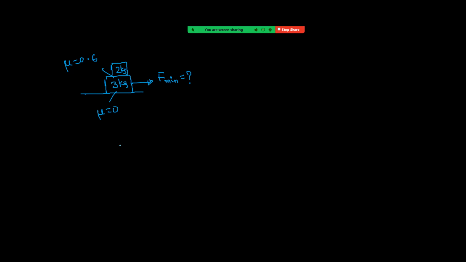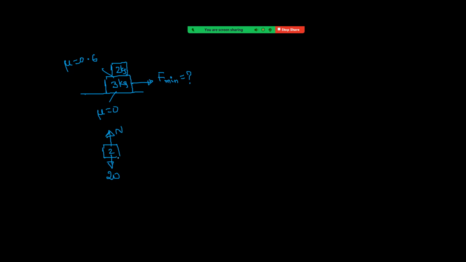First we have to focus that the 2 kg block is moving only because of friction. I am taking the FBD for the 2 kg block. mg downwards, taking g value 10, mg is 20. Normal reaction upwards.